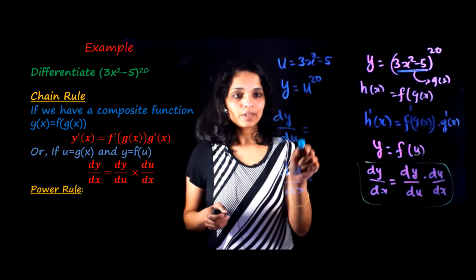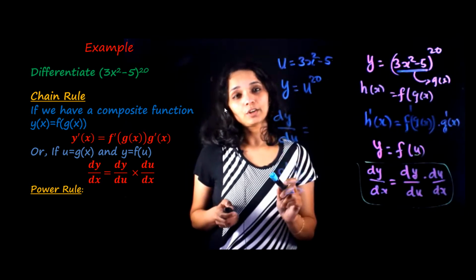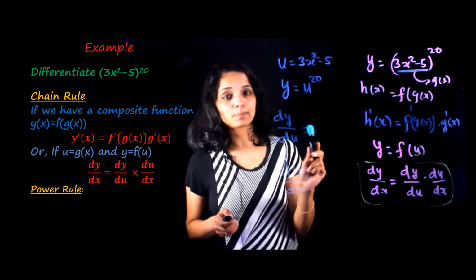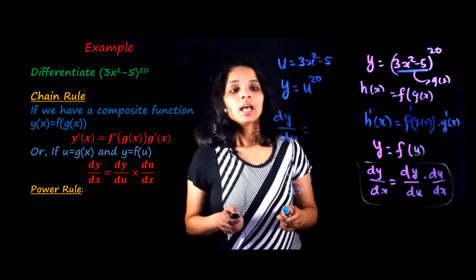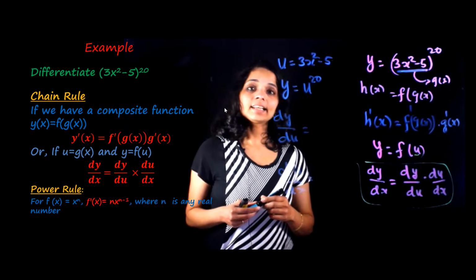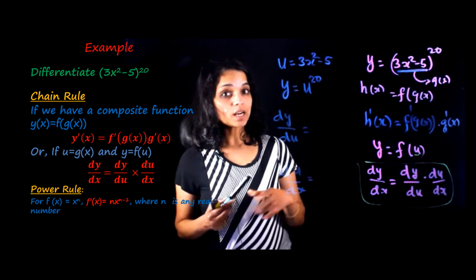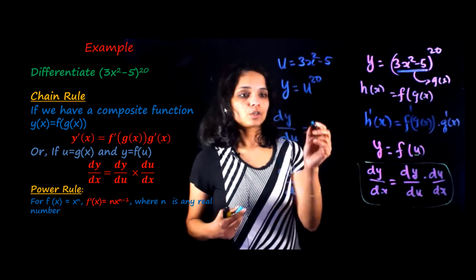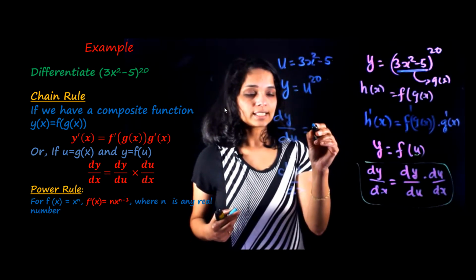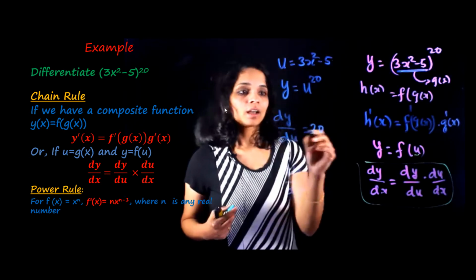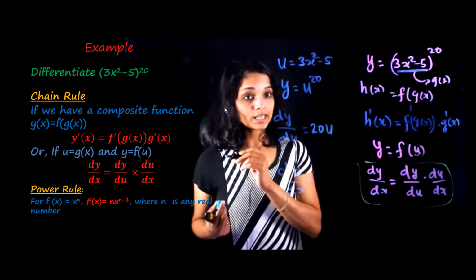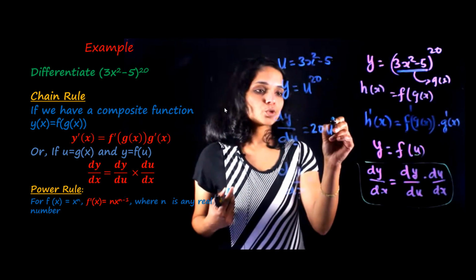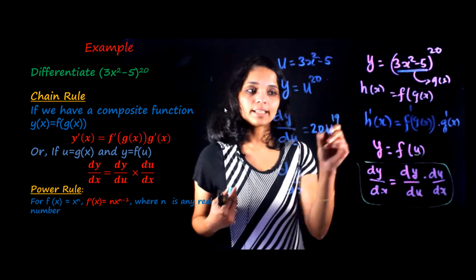To find dy on du, we need another rule which we have learned before, the power rule in differentiation, which is n x to the power n minus 1. The only thing is x is replaced with u here. So let's use that equation. n is 20 and x is u here, because we're taking the derivative with respect to u as well. u to the power 20 minus 1 is 19.